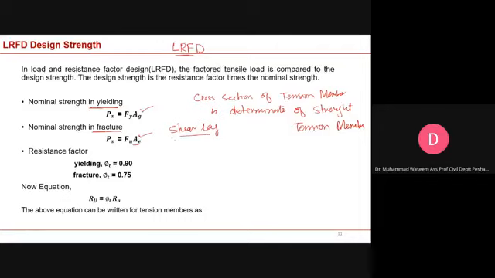In the yielding case, or the excessive deformation case, you use yield stress, and in the fracture limit state, you use ultimate stress. So what is the Fy value for A36 steel and what is the Fu value for A36 steel? Sir, Fy is 36 ksi and Fu is 58 ksi.